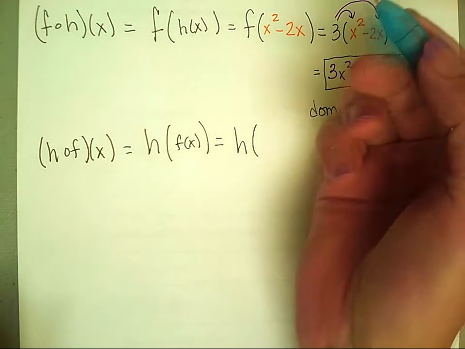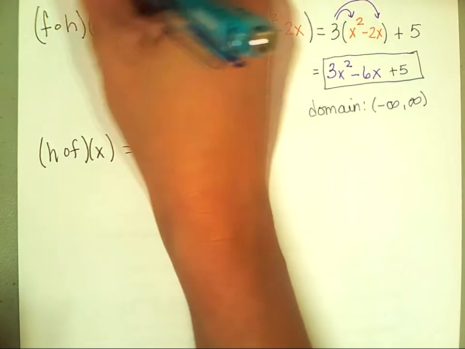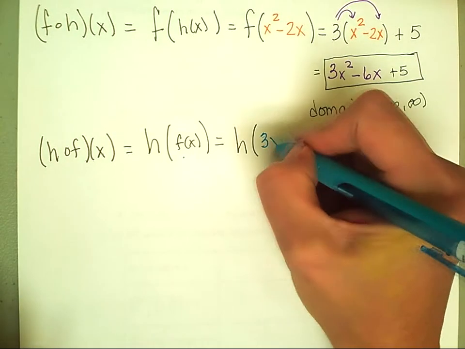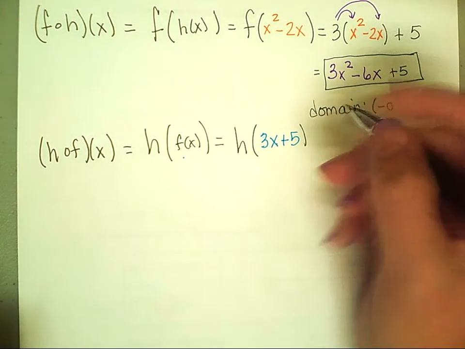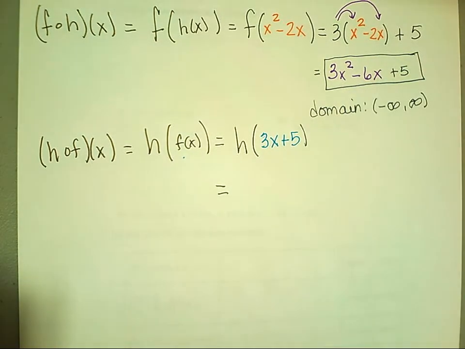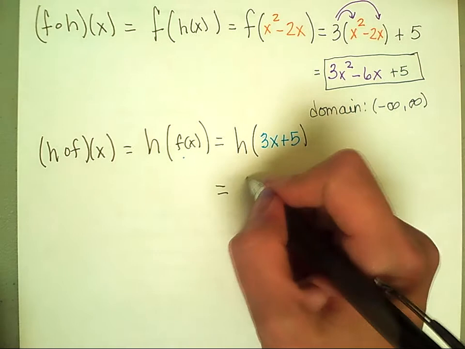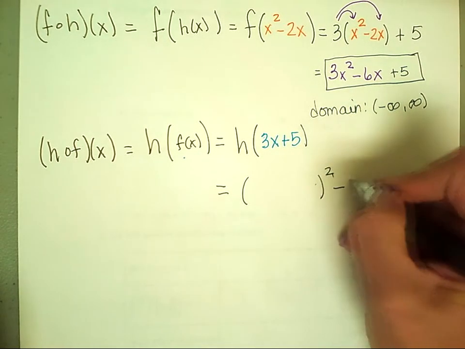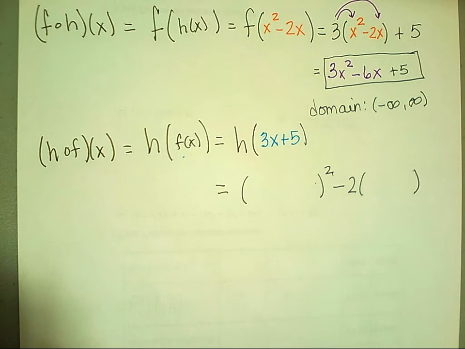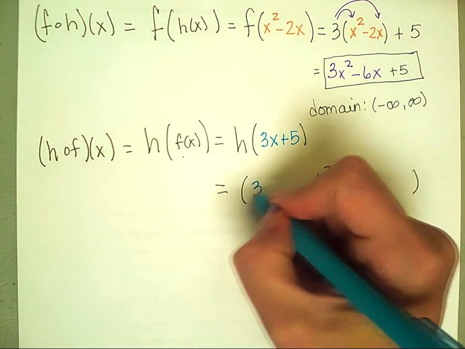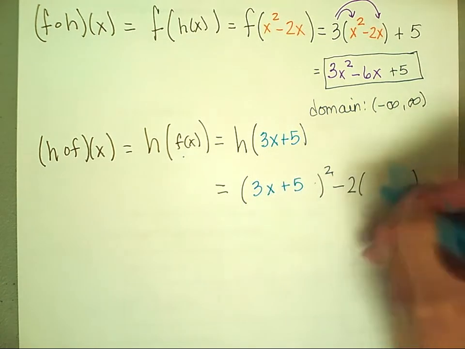It might be easier to say it than write it this way. f of x is 3x plus 5. Now h has the form x squared minus 2 times x. That's the form of h. But what we're putting into h is the entire function f.